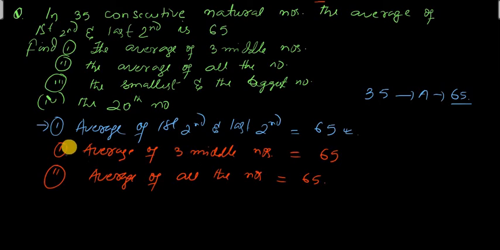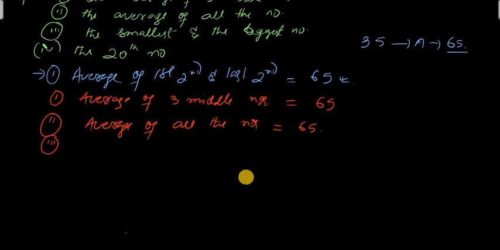So 65. Number 3: the smallest and the biggest number we need to find. This is the average, 65.